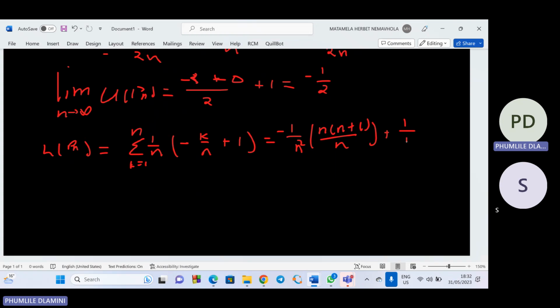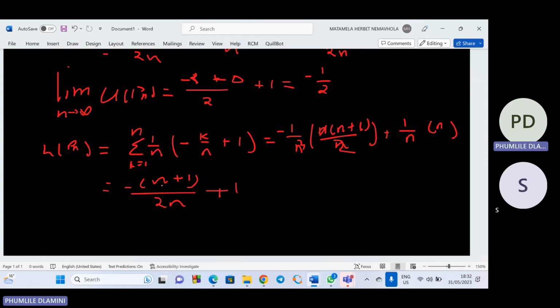Yes, 1 over n multiplied by n. Then this is going to cancel. This 2 here is going to cancel with this. We're going to be left with minus in brackets (n plus 1) over 2n, plus 1.